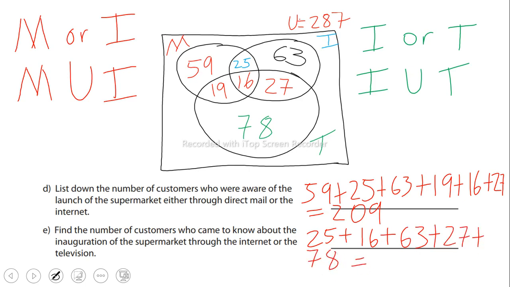It's going to be equal to what? 228? I get 209 as well. 25, 16, 63, 27, 78. Yeah, I get 209.